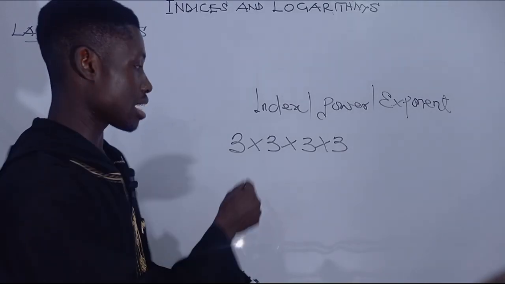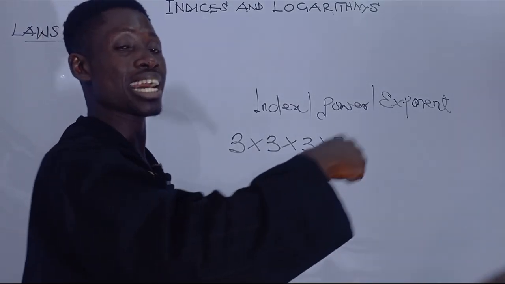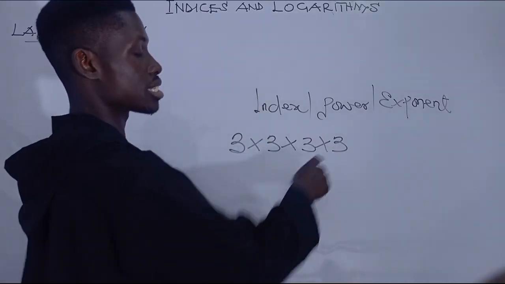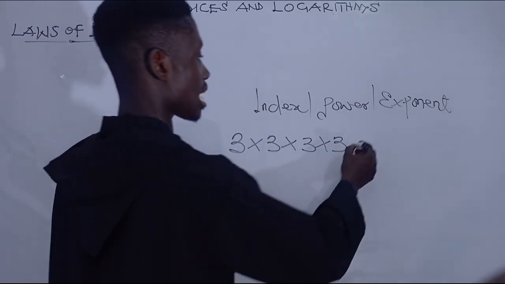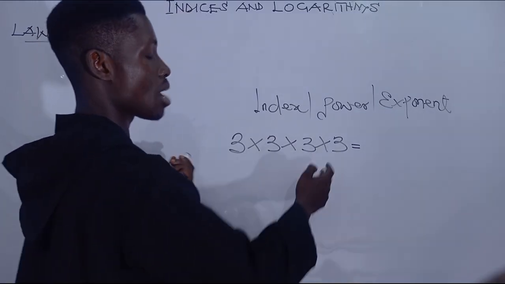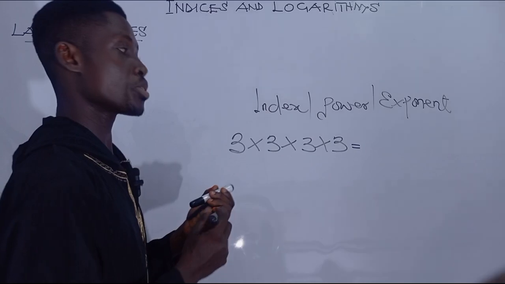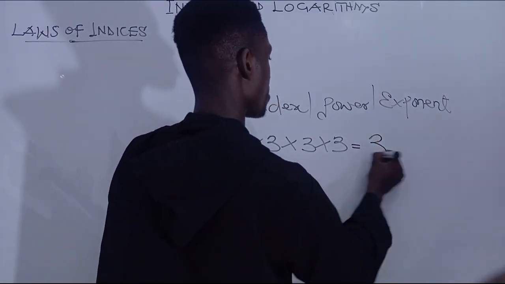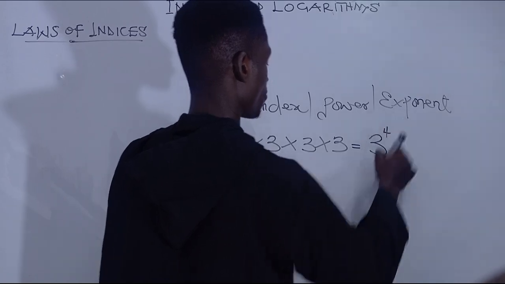The number of times that this 3 is multiplying itself is what we write as an exponent to this number. So how many times is this 3 multiplying itself? 4 times. So we are going to write it as an exponent to the number 3, 4 times.